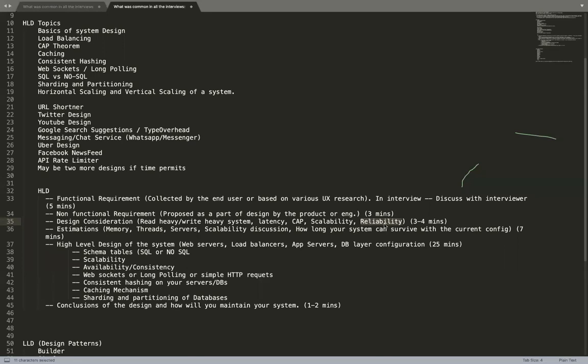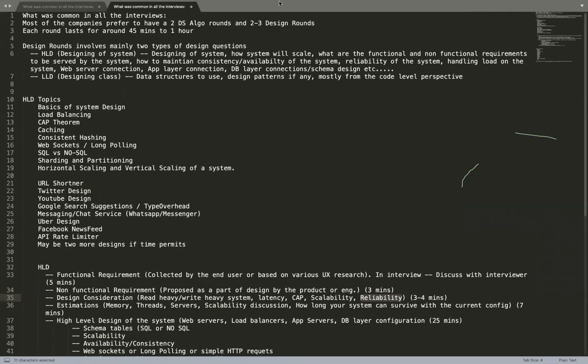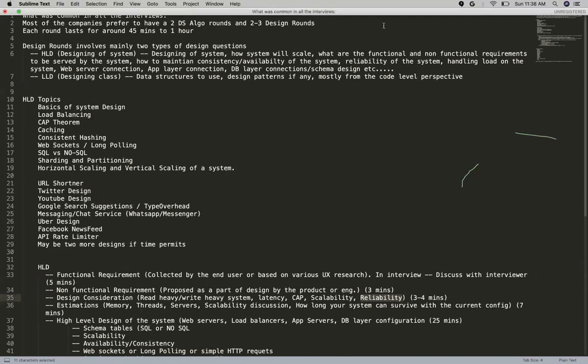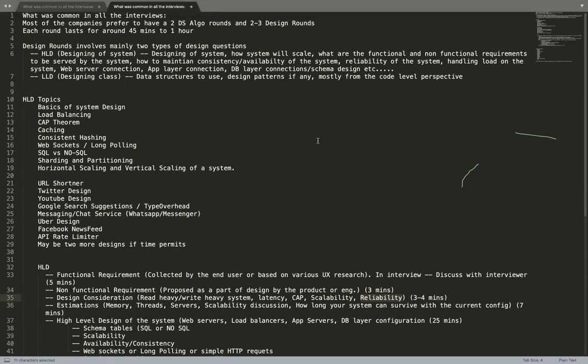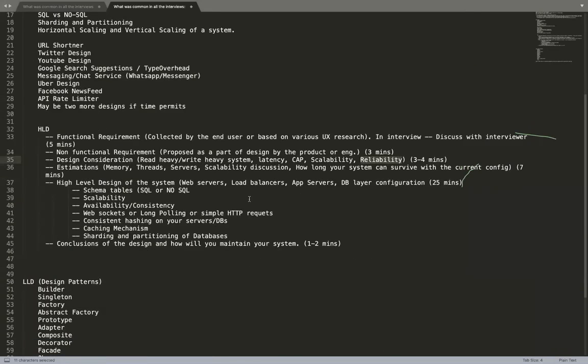I hope I answered your question. Do you have anything else specific to reliability which you want to ask? When you say reliable, is it like, if a data center is down, there is another data center that is up and keeps the system available? Yeah, not just data centers, your server can also go down. So how will you make your system more reliable so that it returns the correct response?